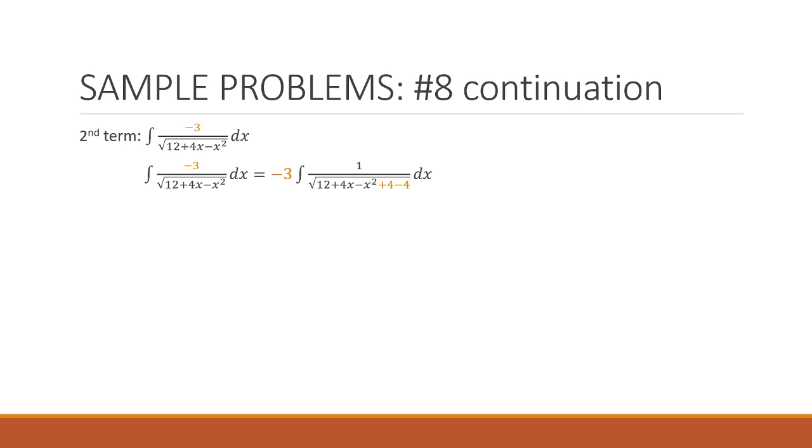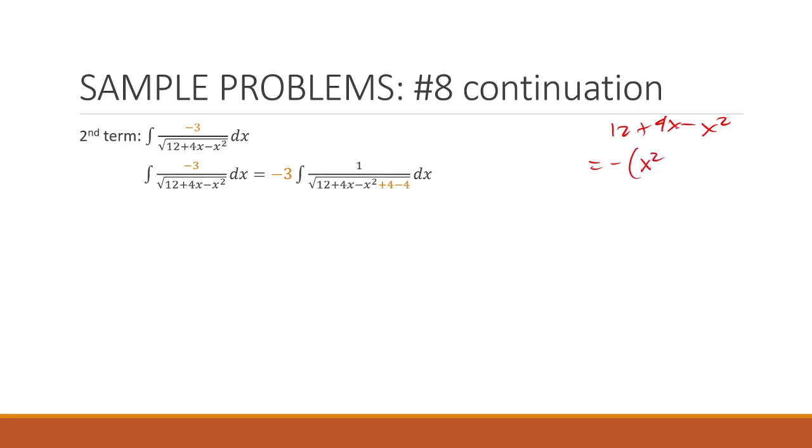Okay, factorable ba? 12, 2 times 6. So if we, for example, isolate 12 plus 4x minus x squared, and factor out negative 1, para lang mag-positive ang quadratic term.